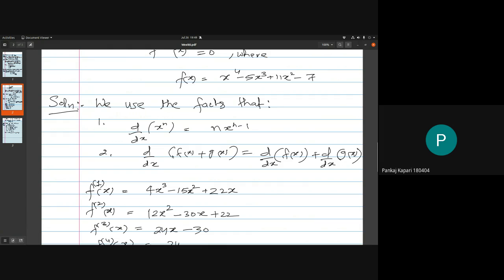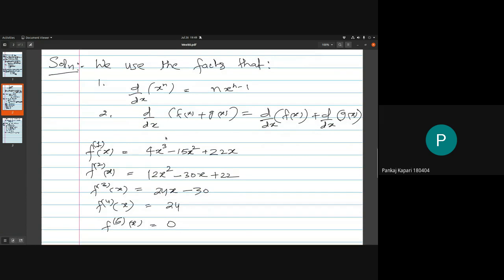First, the derivative of x to the power n is equal to n times x to the power n minus 1, and second, the derivative of the sum of two functions is the sum of the derivatives of the individual functions, where we have assumed that both f and g are differentiable. Now using these, we successively calculate the first derivative, second derivative, third derivative, and so on, and we'll see at which point it becomes 0.